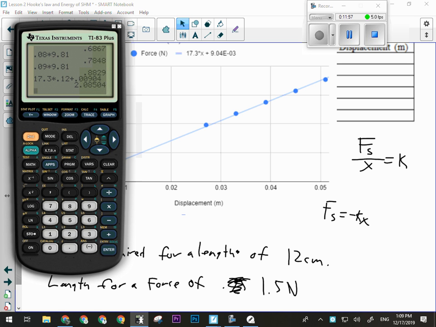Okay, so we're looking at a force of 2.1 newtons. And for the length for the force of 1.5 newtons, we're going to have y minus b over m, so that'll be 1.5 minus 0.00904, divided by m, which was 17.3. All right, so we'll be looking at a length of 8.6 centimeters. Everybody all right with that?